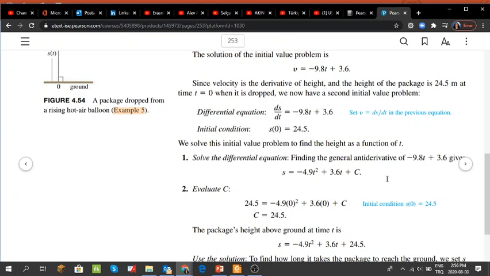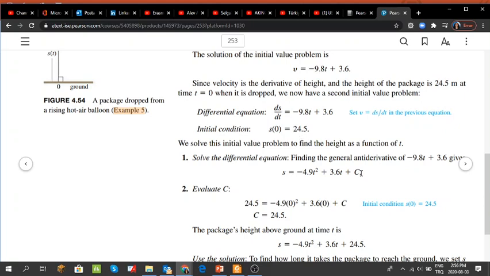Let's take the derivative of this to see whether we get that. ds/dt is equal to 2 times 4.9, which is 9.8, keep the negative, times t, plus the derivative of this, which is 3.6, and the derivative of a constant is 0. So this is s of t, the distance from the ground. And we have s of 0 as well.